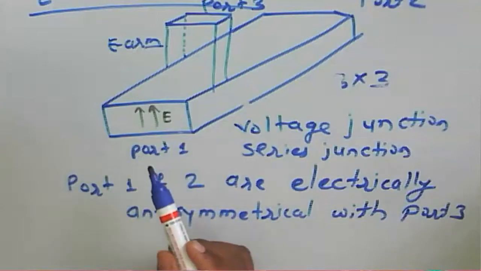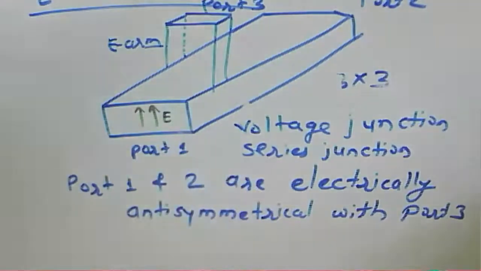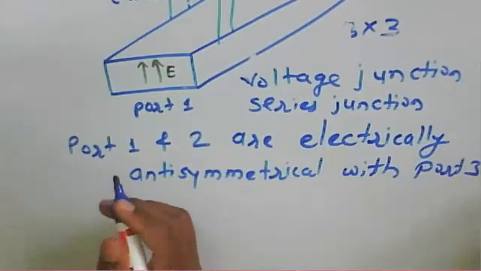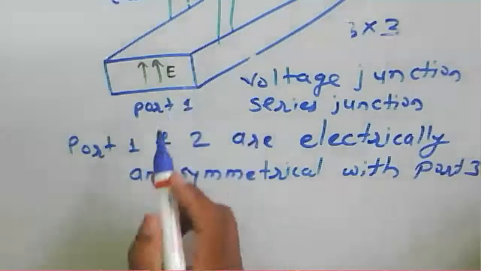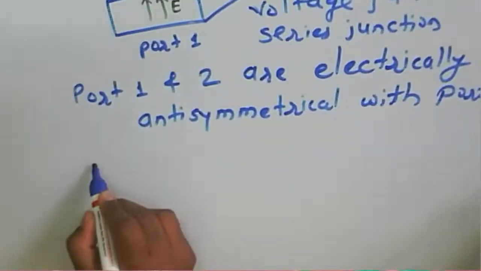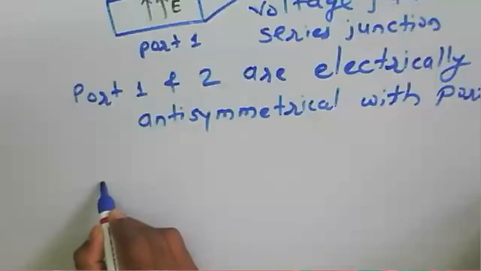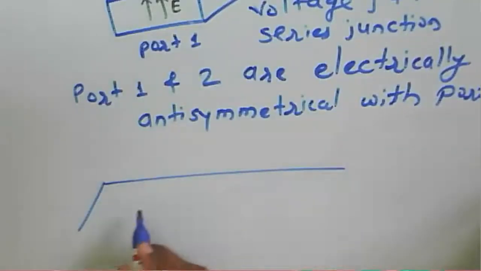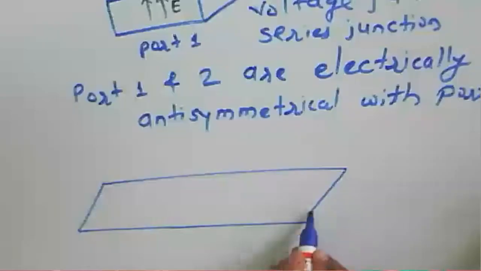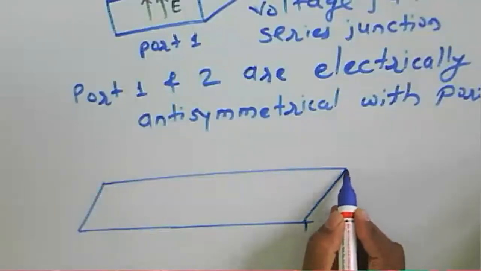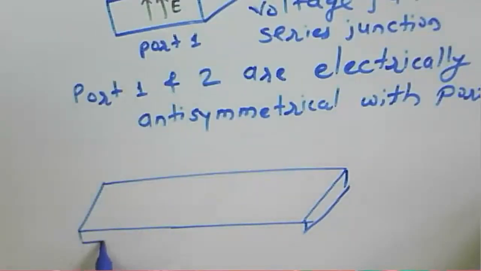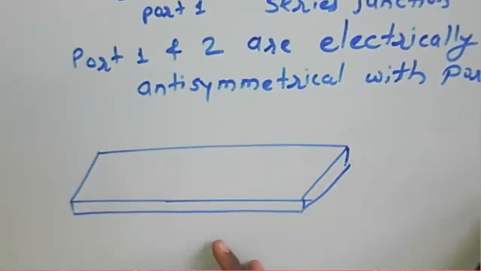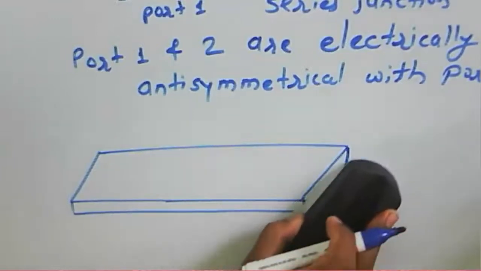Now we can consider how you excite this particular E-plane T. For example, consider this one as an E-plane T. Now I am going to draw a waveguide. This one is your rectangular waveguide, and for this given rectangular waveguide, I will draw a big one.